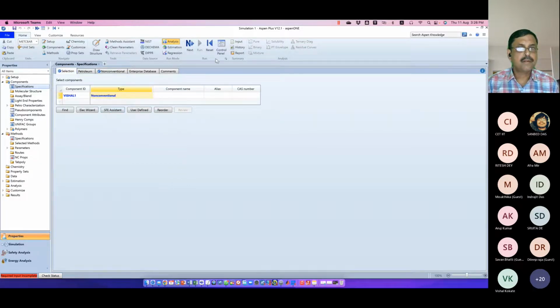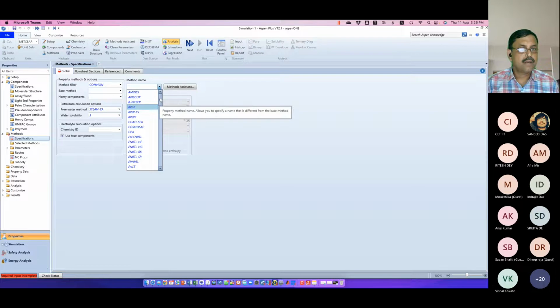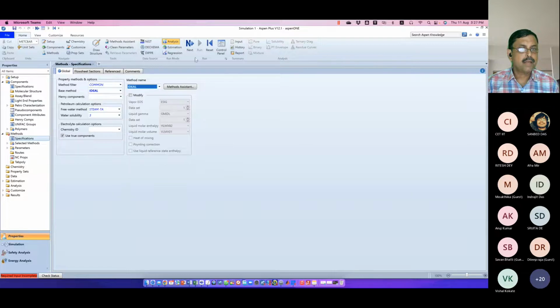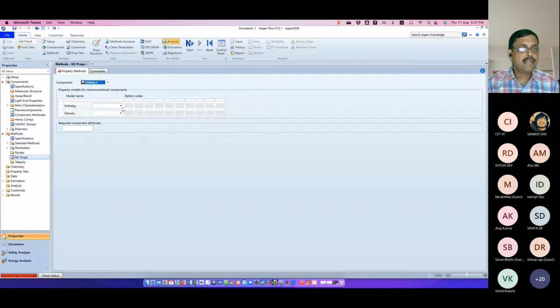Before that, let's type next, and for instance, you can use ideal, and then it will ask for the enthalpy and density model of that particular component that you are looking for.